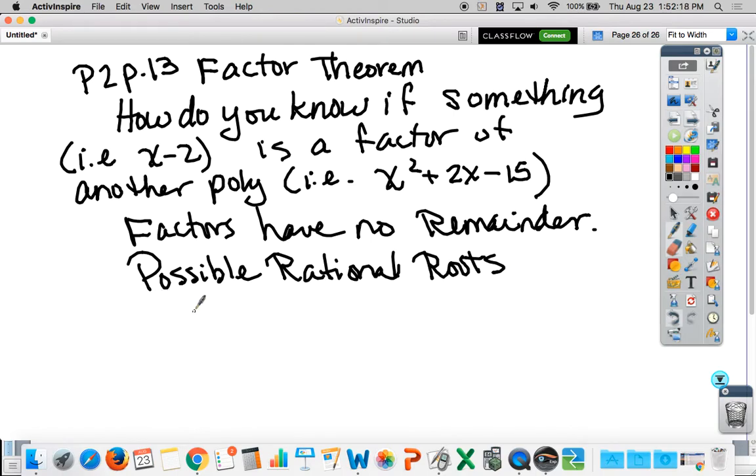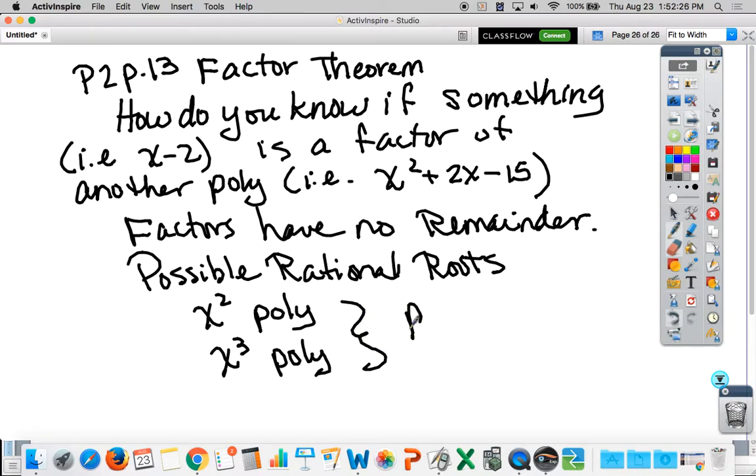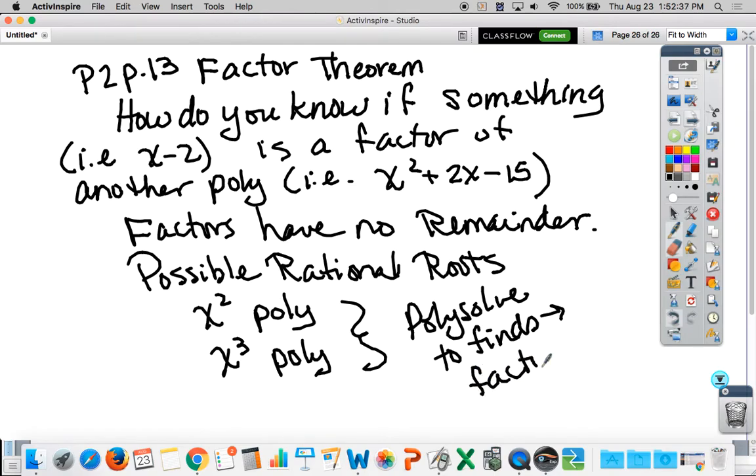If you have a quadratic polynomial, or if you have a cubic polynomial, I'm going to let you use PolySolve on your calculator to find the roots, which will lead us to the factors. Anything above that, you have to do the possible rational roots.